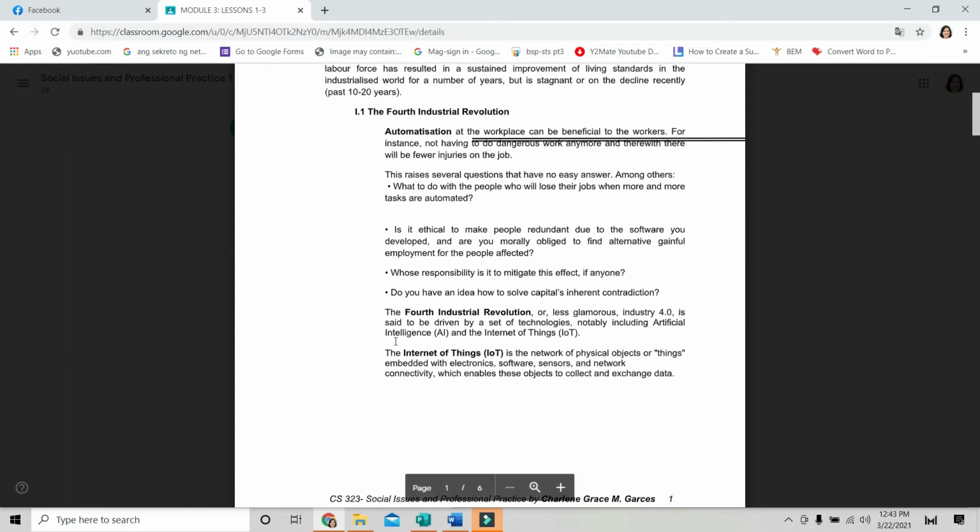So let's deal with what the fourth industrial revolution is. When we say industrial revolution, we call it IR, so IR 4.0. Industry 4.0 is said to be driven by a set of technologies, notably including AI and the Internet of Things. So what do you mean by 4.0? Actually, here in the Philippines, we are still in 3.0, but in Japan, they are already practicing IR 5.0, or Industrial Revolution 5.0, because most of the companies and government agencies there have actually automated most of their jobs.